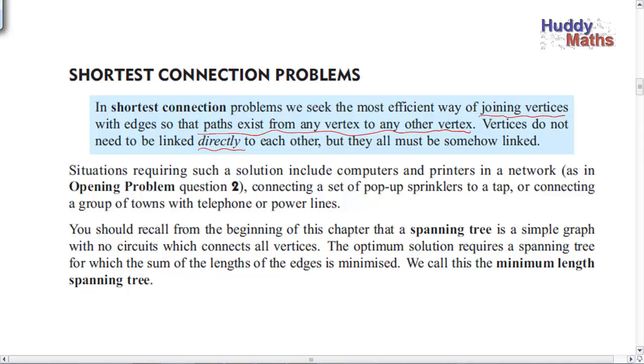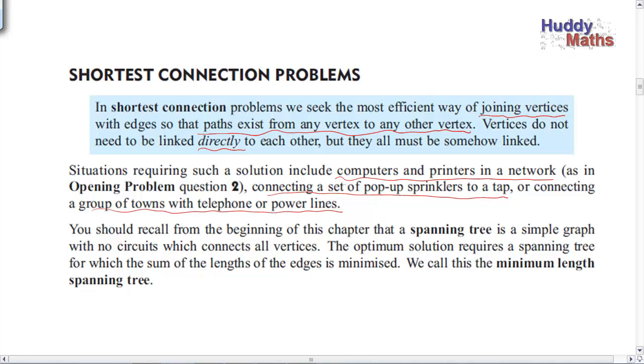We don't need to have it as a circuit. You don't have to be able to go around and back to the same point as such. It's a little bit different, this one. So where you're linking computers and printers in a network, or connecting a set of pop-up sprinklers to a tap, or a group of towns with telephone, water or power lines.